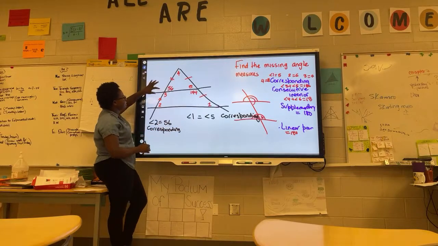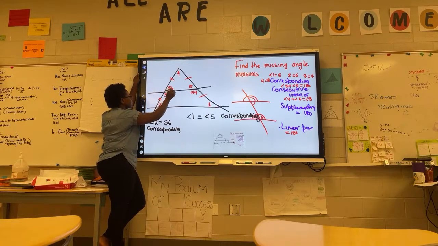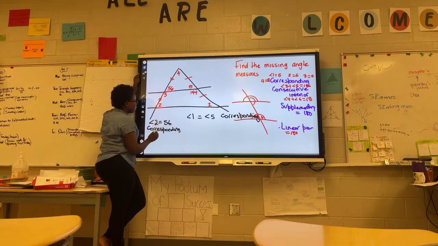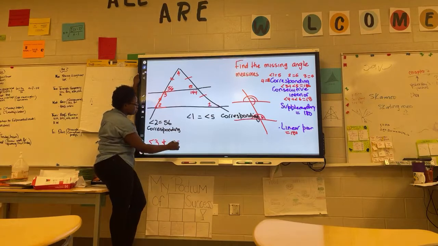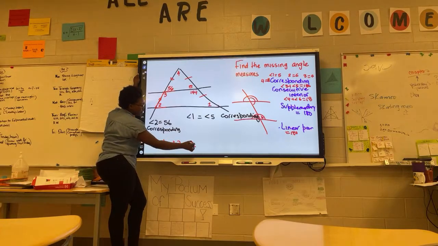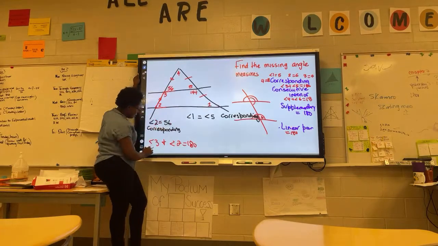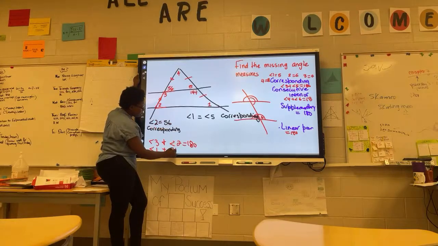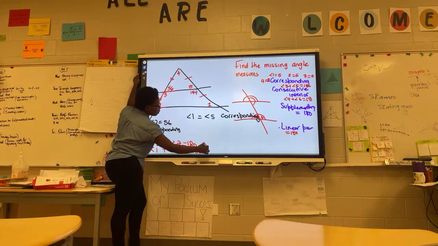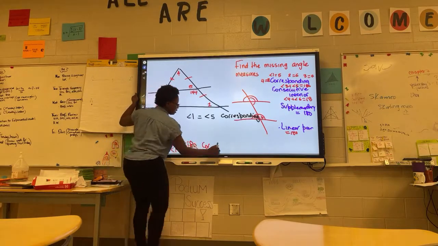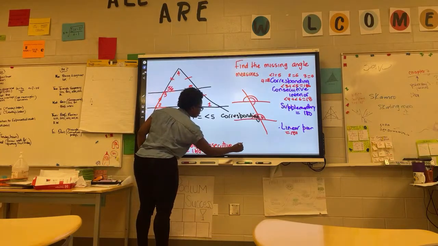You'll also see the C that I spoke about when I was explaining that would be right here. So you'll know that angle 3 and angle 2 should give you 180 when you add them up. And angle 4 and angle 1 should give you 180, as these are consecutive interior angles.